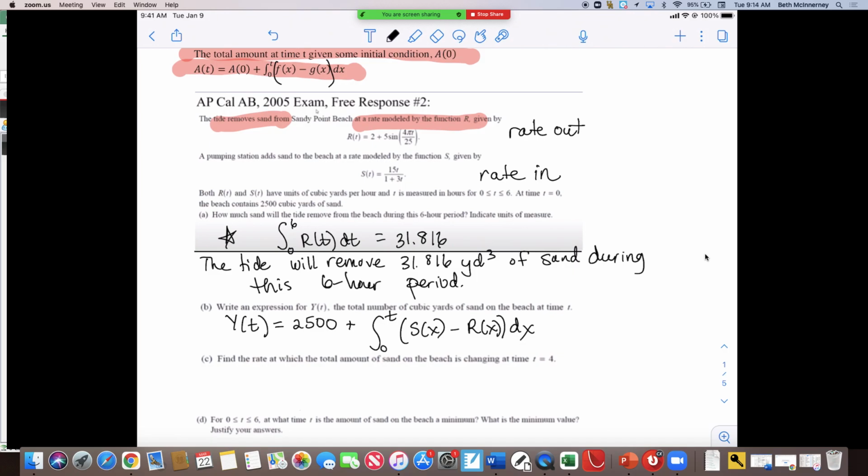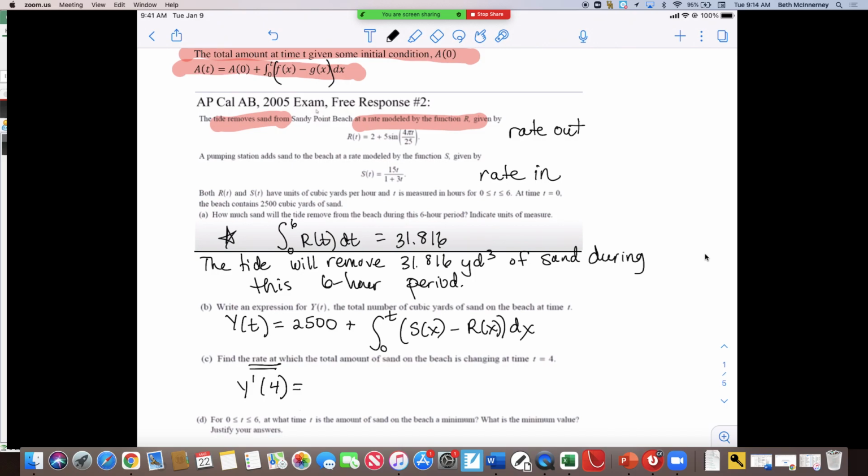time t. So then it says, find the rate at which the total amount of sand on the beach is changing at time t equals 4. So I actually want y prime of 4.